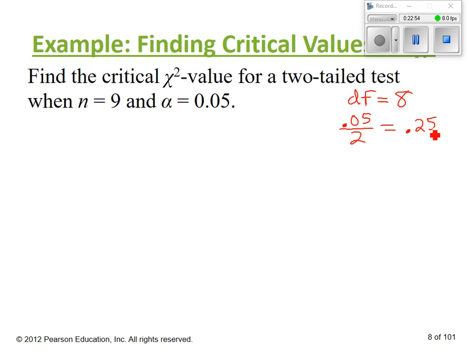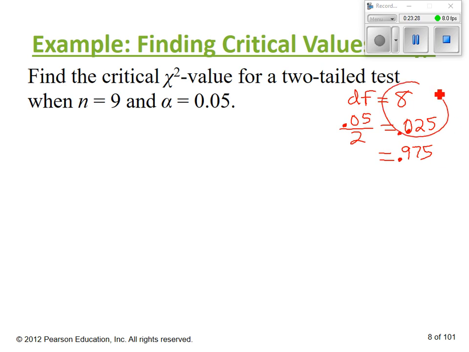And what we're going to do with that, we also want to subtract that from 1. Make it easy on yourselves. What's 1 minus 0.025? Can anybody do that in their head? Close. Got the first number. 0.975.